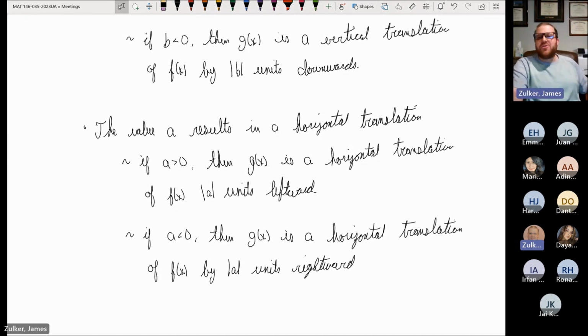So the horizontal works the opposite of what you would think, right? Because you think if you go to the right, it's a positive movement, so you would think a is positive, but it's not. Positive is left, negative is right.